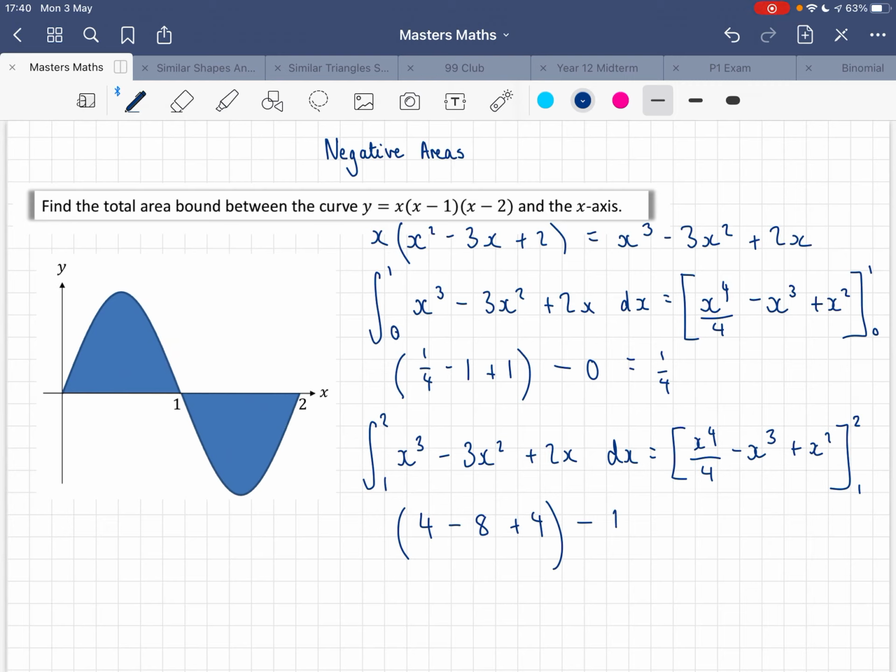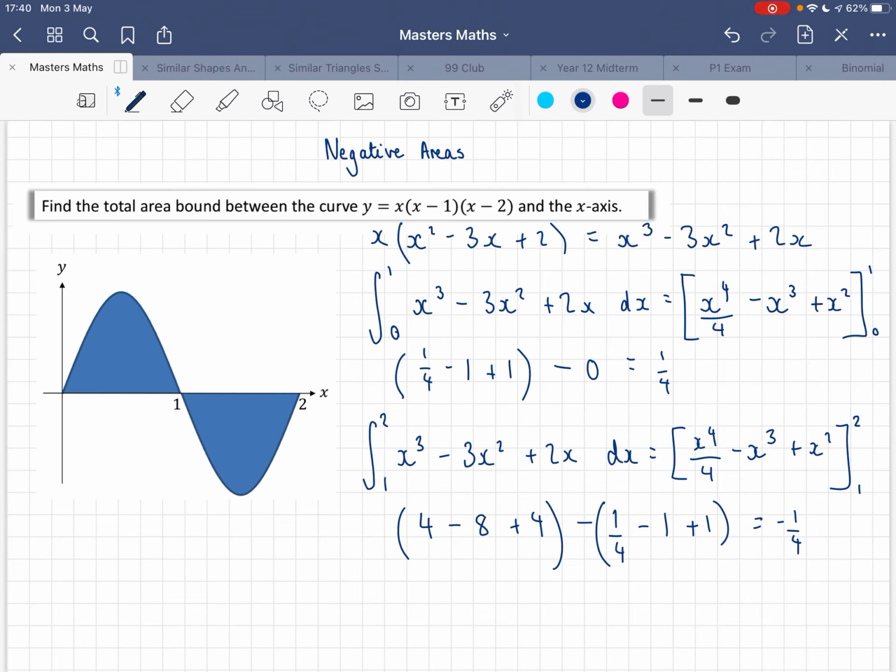So that's going to make 0. And then 1/4 minus 1 plus 1. Yeah, 4 minus 8 plus 4 is 0. Minus 1/4 equals negative 1/4.